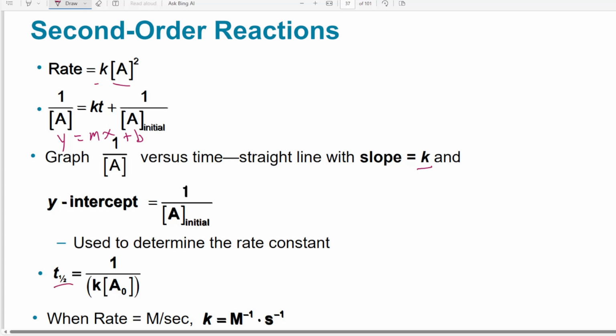We can also derive an equation for half-life where the half-life is equal to 1 over k times the initial concentration.